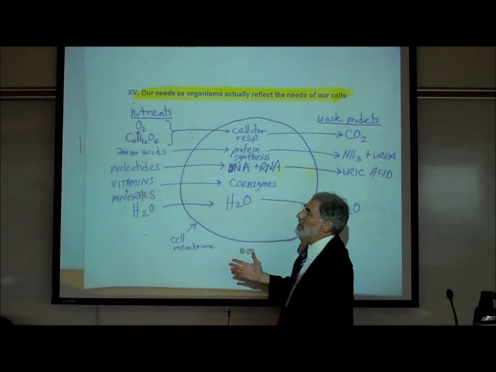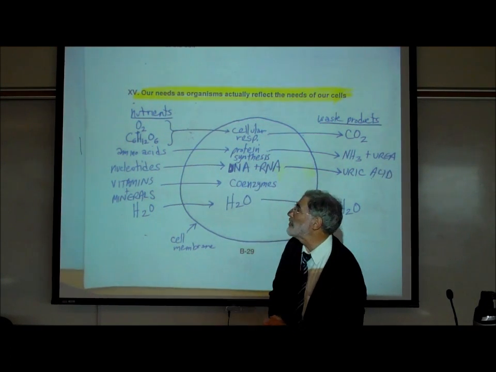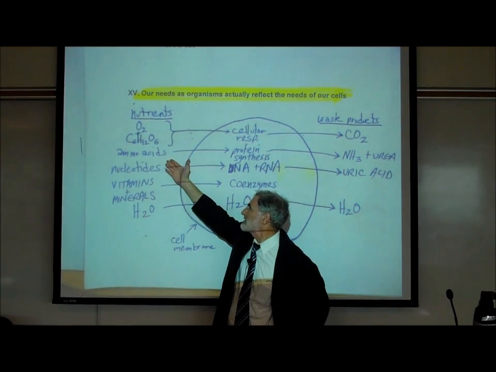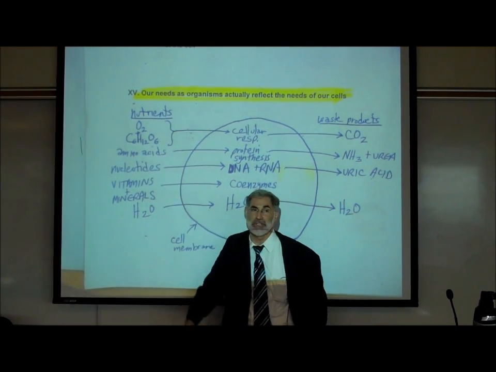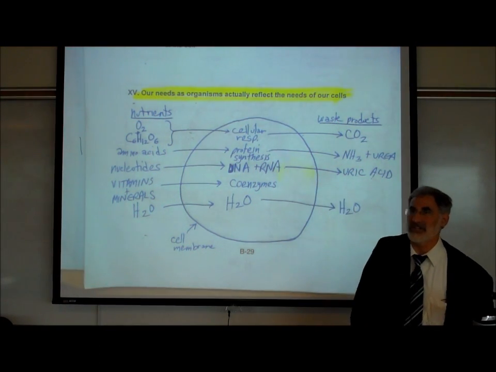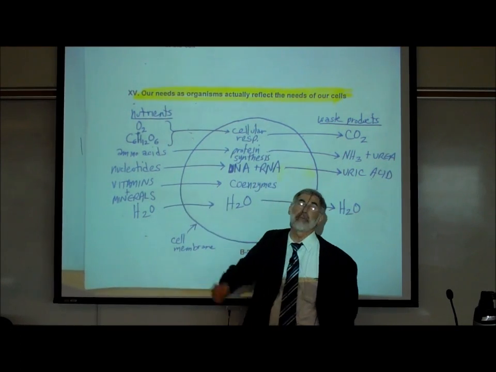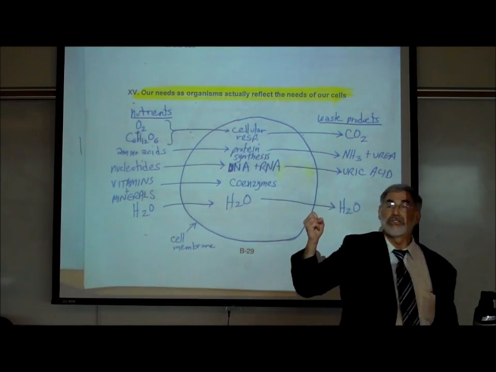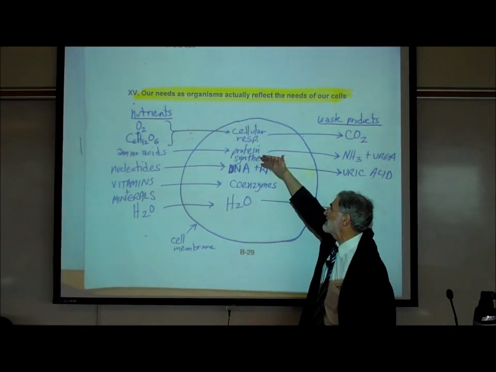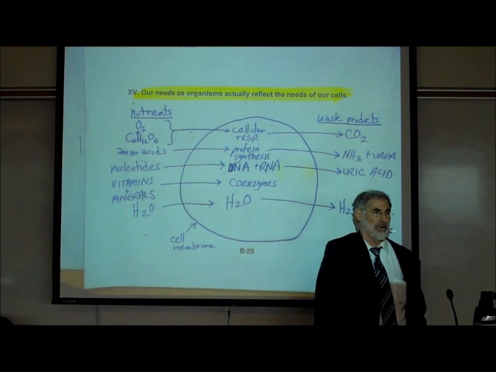The reason why you have a digestive system is because the cells of your body require nutrients, like sugars and amino acids and nucleotides and vitamins and minerals. Those are in your food. That's why you have a digestive system. You digest the food into these nutrients and you absorb them into your bloodstream so that the cells of your body have these nutrients for cellular respiration, for protein synthesis, for nucleic acid synthesis, and coenzymes and so on.